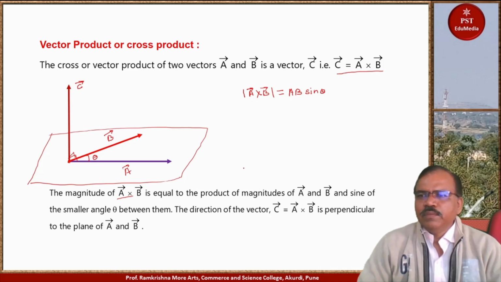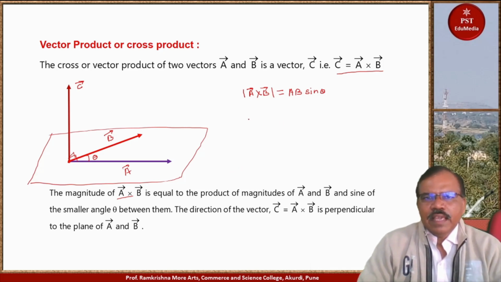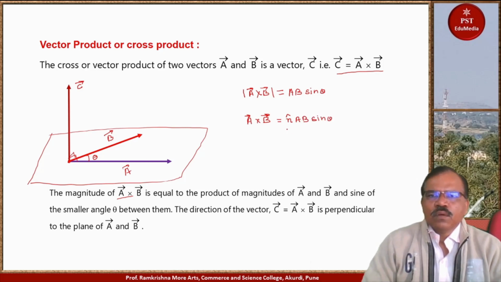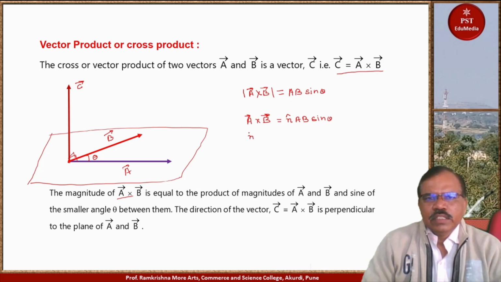So vectorially we can write A cross B is equal to some unit vector n into AB sine theta. Now what is this? This n is a unit vector.